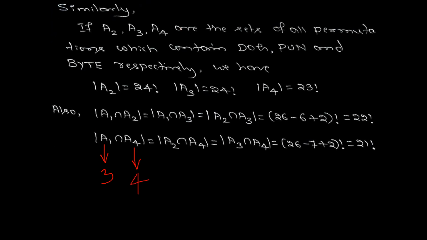So that's why we remove 7, since 3 plus 4 is 7. We remove 7 and we add 2 symbols, one for each word. You get 21 factorial. The same thing will happen for the other 2 possibilities as well.